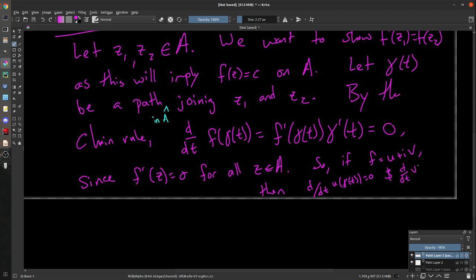Basically, all I'm trying to say is that if the derivative of f of gamma is 0, then the derivative of the component functions of f, so to speak, is also 0, right?